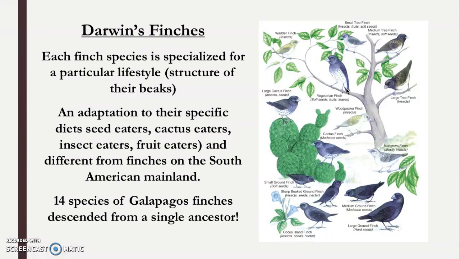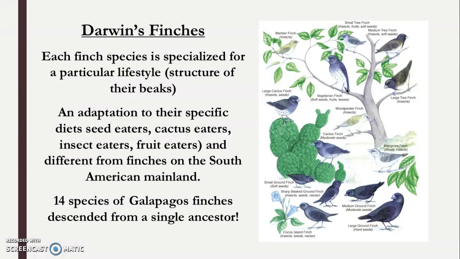So let's say a bird has a really short, strong beak in order to crack some seeds open. That would be extremely favorable for that type of bird to fit that niche. Well, another bird has an extremely long and skinny beak, which helps it stick its beak into the sand and pick up insects. That would be favorable for that situation.